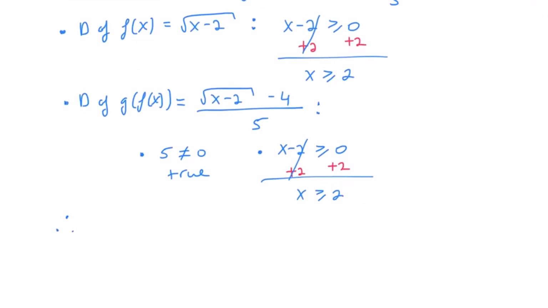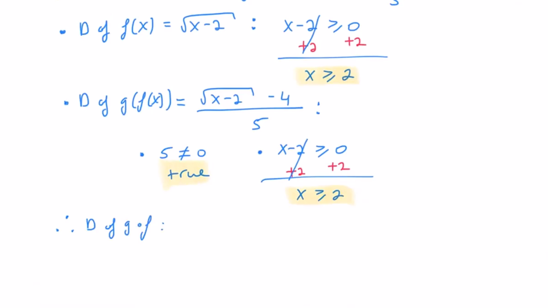So let's get our final domain, the domain of g circle f. The first step, we have a restriction that x needs to be greater than or equal to 2. The second step, the first one is true, so no restriction. The second one, x needs to be greater than or equal to 2.